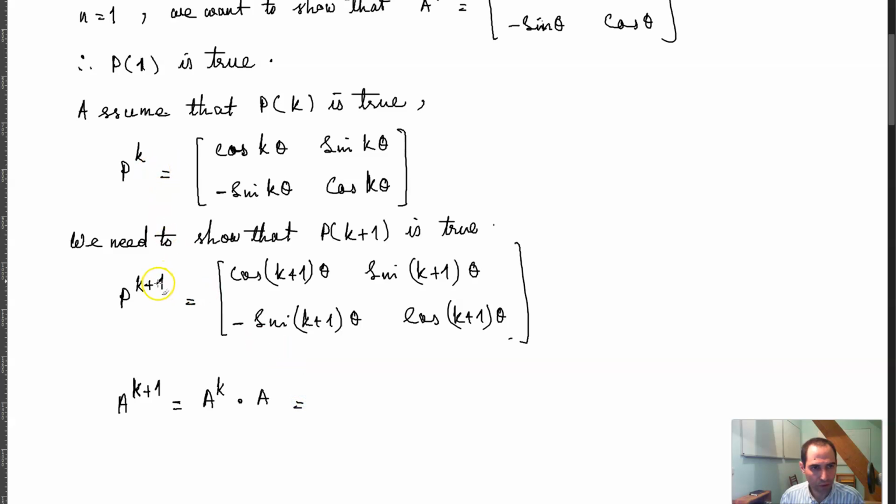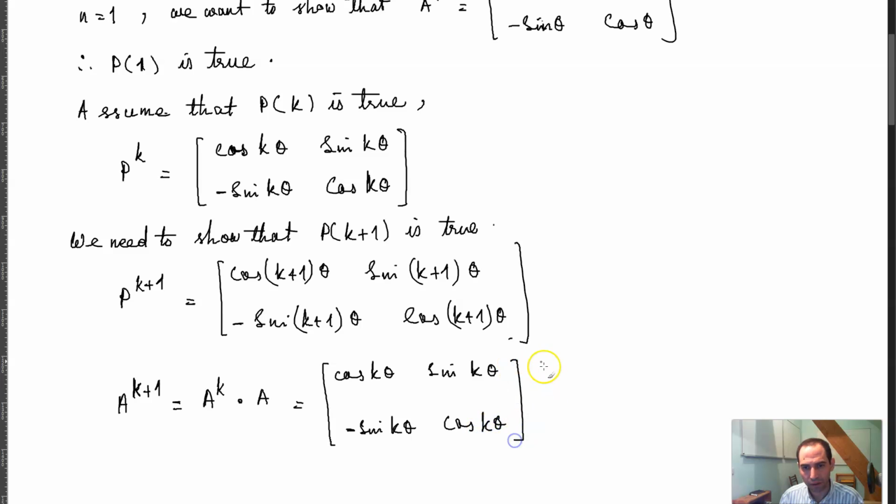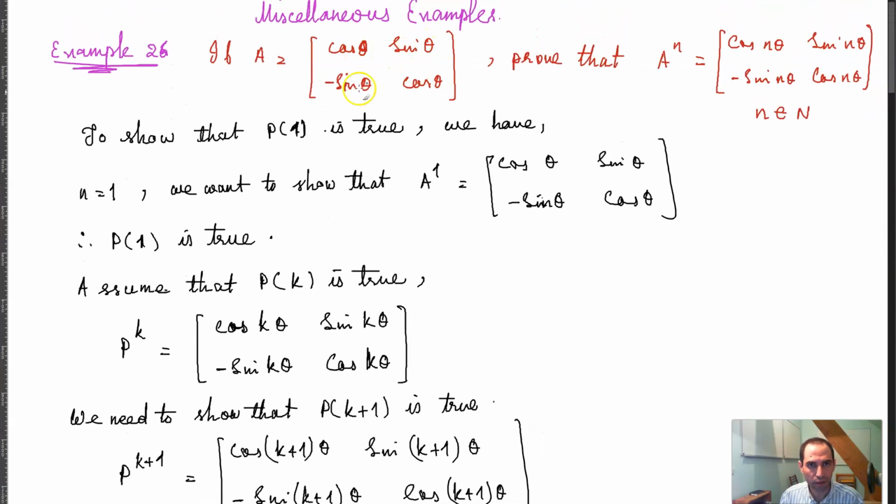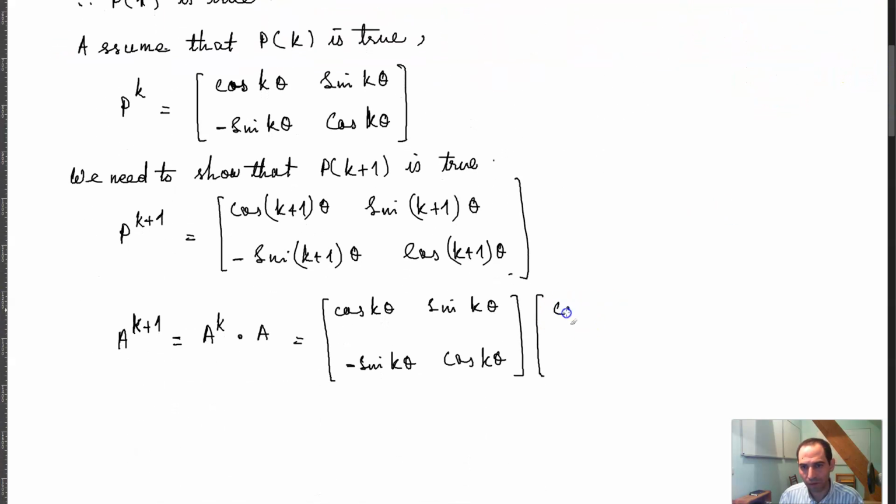Now A raised to the power k is this P of k, which is basically this matrix here: cos k theta, sine k theta, negative sine k theta, and cos k theta. Multiply this by A, which is this matrix here: cos theta, sine theta, negative sine theta, and cos theta.